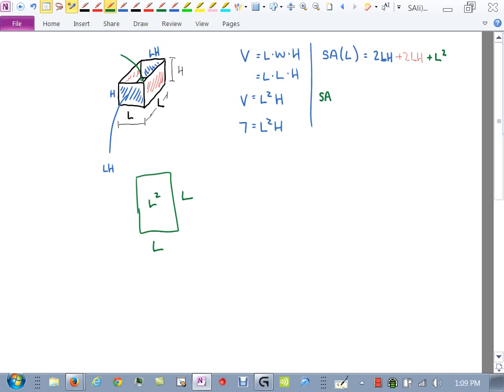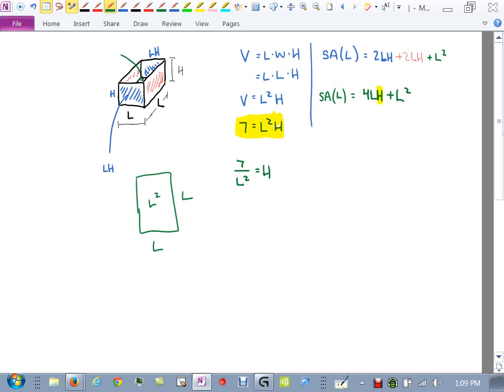So the surface area, now it's not a function of L yet, I'm going to get it there, is 4LH plus L squared. What I need to do is write this so that all it has in it is L's. So I need to somehow get rid of this H. Well, that's where this comes in. I can solve that equation for H, dividing both sides by L squared.